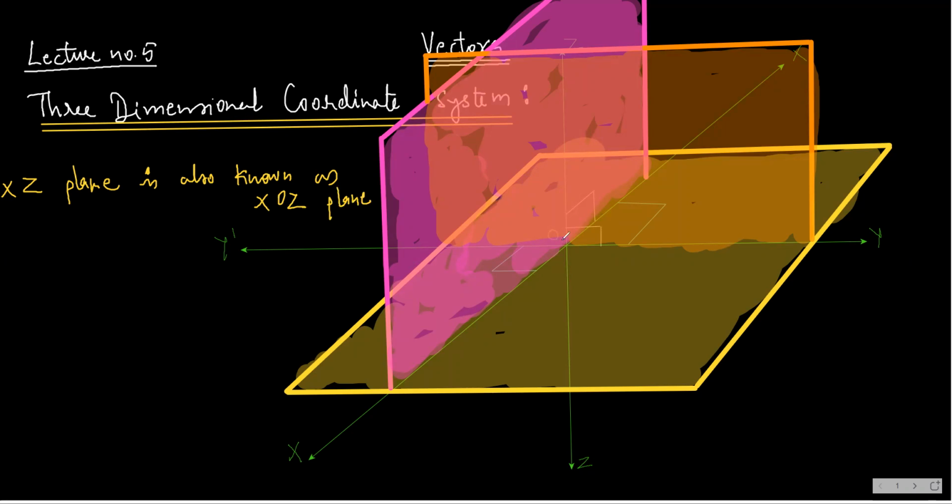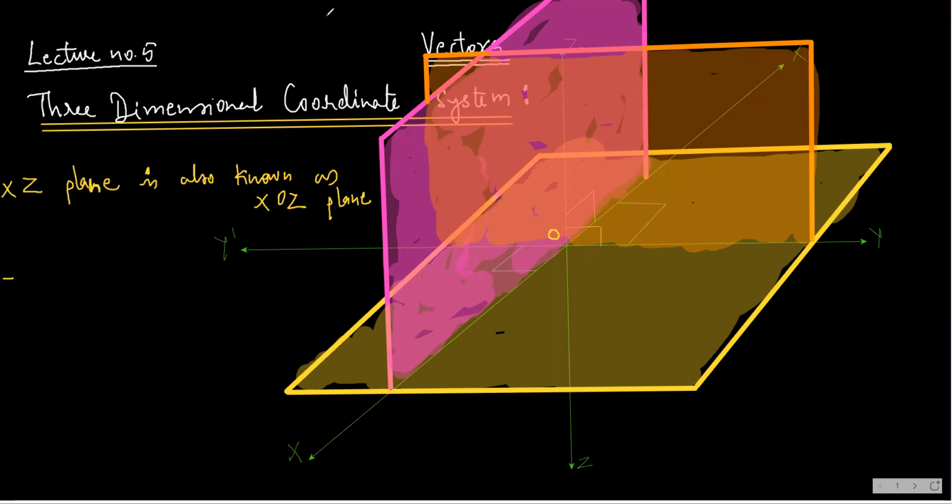You can also include the origin in that. So XOZ, you understand? It is also known as the XOZ plane. In the same way, the XY plane can be called the XOY plane and the YZ plane can be called the YOZ plane. Forget about that now.